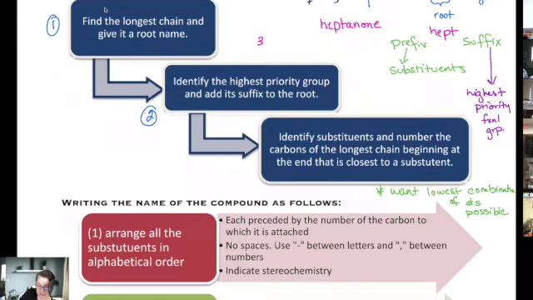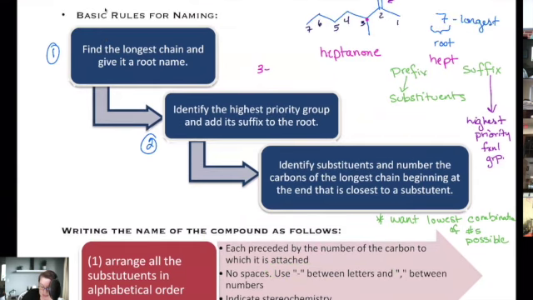And we need to separate numbers. Okay, we want to separate numbers from letters, and we're going to do that by using this dash. Okay, so we're going to say 3 dash methyl heptane.